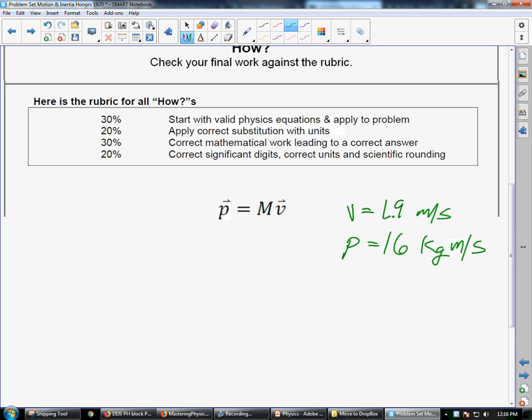I've dropped my vector symbols because they didn't tell me the direction. But I know that whatever direction my velocity is in, my momentum's in that same direction, because that's how it works. So I'm not going to worry about direction.